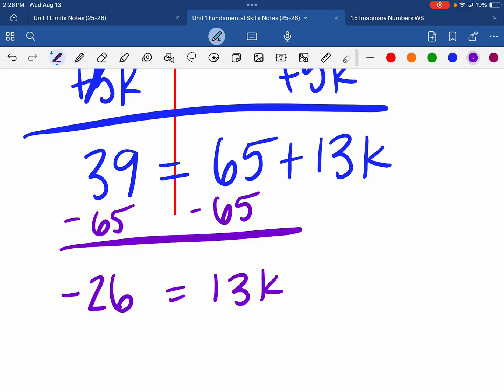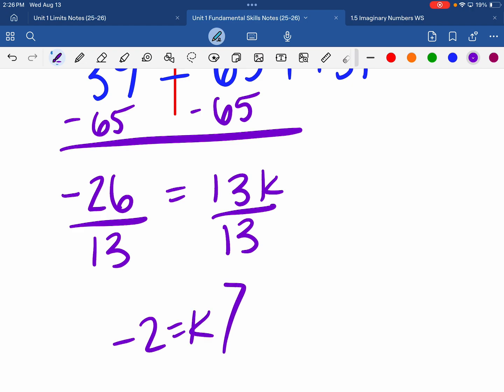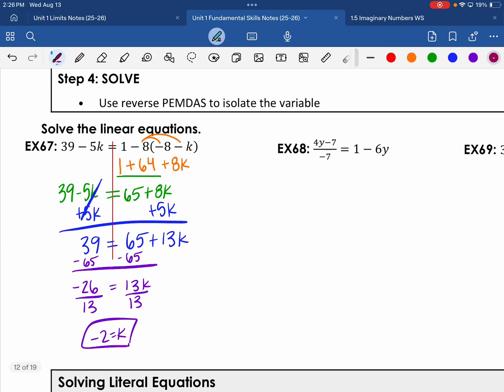And then what? Divide by 13. So -2. All right, so that's my first example.